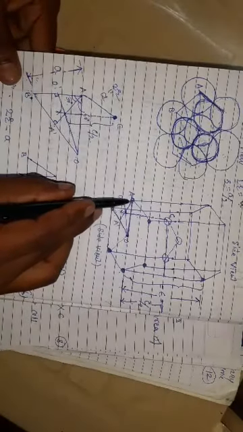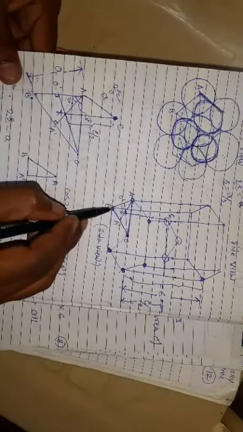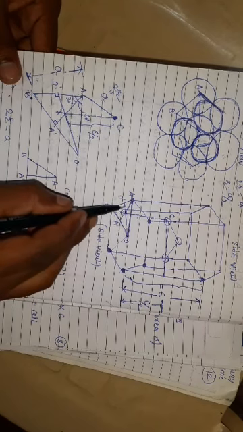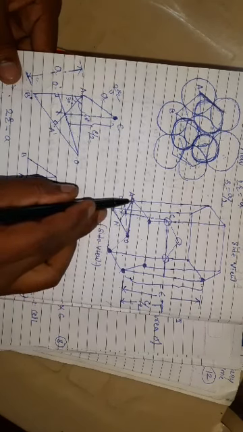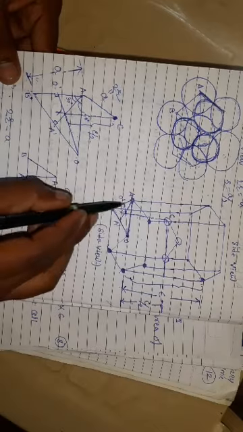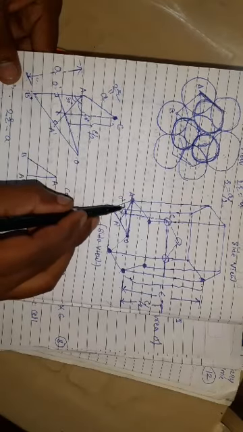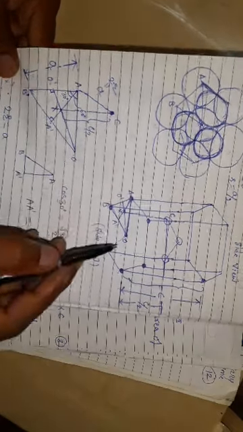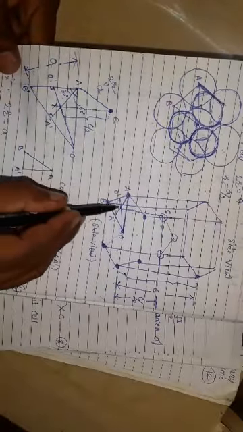Is it right? This AB is the base and OO dash is the height of this triangle AOB.